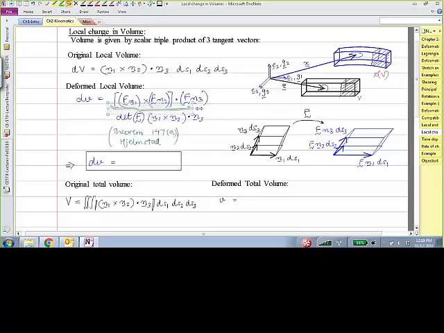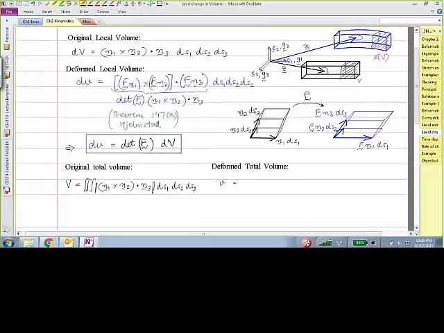And again, with a theorem in the book, you can show that this quantity in the brackets in here is equal to determinant times the same thing for the undeformed tangent vectors. So the deformed volume is much simpler. We get directly that determinant of F times the undeformed volume. That's the relationship for deformed to undeformed volumes.